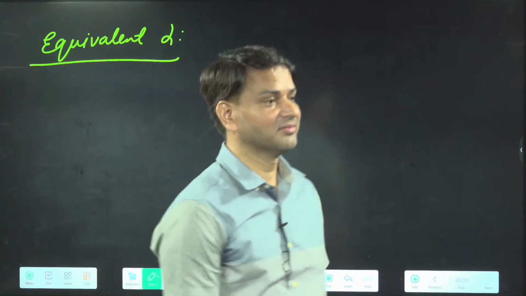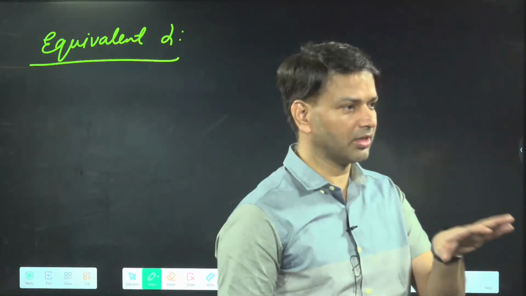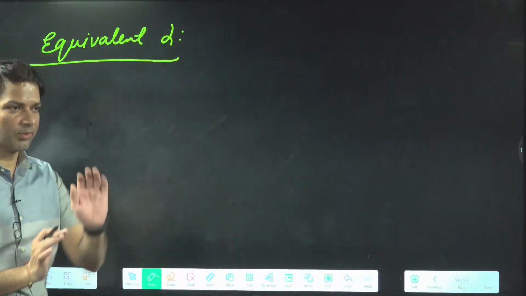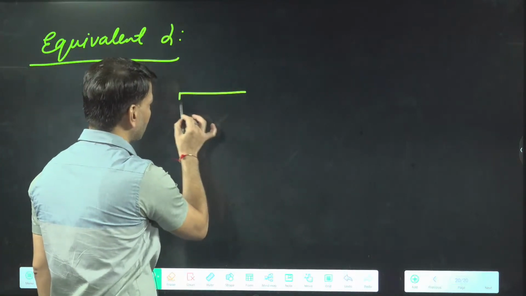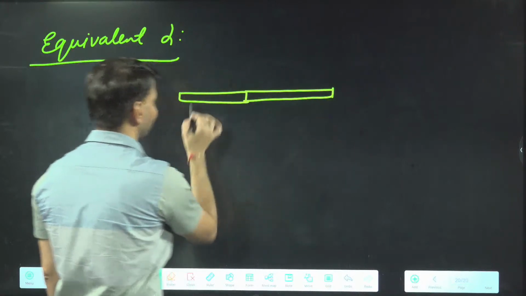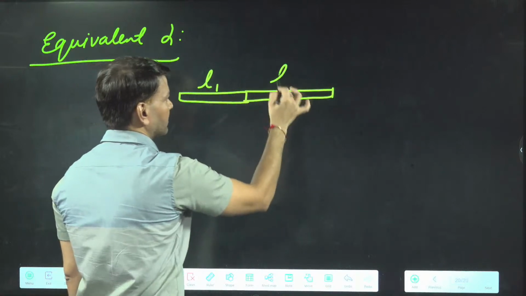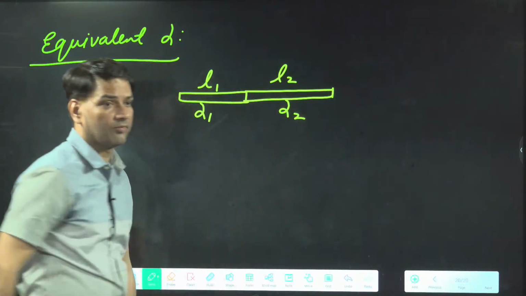Alpha depends on the material. Before telling the formula, first I will say what is the meaning of alpha. Suppose I have two rods. One has length L1, the other has length L2. One is made of material alpha 1, the other of material alpha 2.